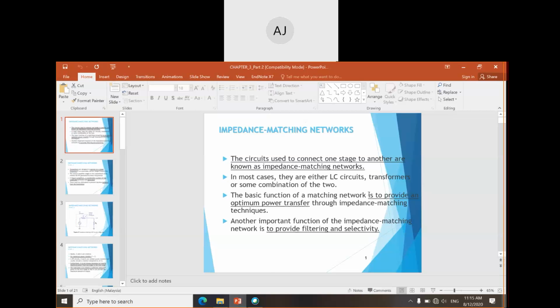So the impedance matching network provides optimum power transfer, and at the same time filtering and selectivity. For example, we start the circuit from the oscillator and go to the photodetector.